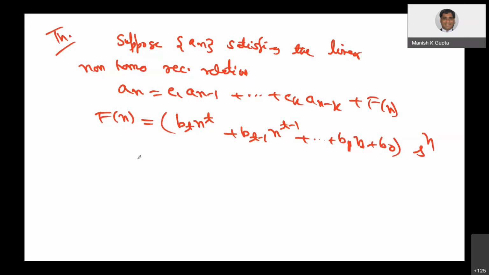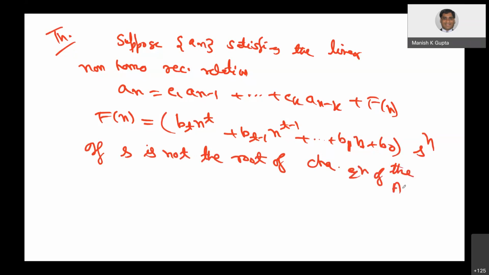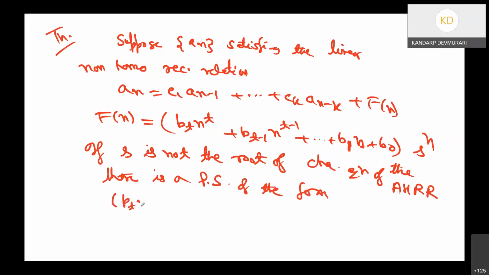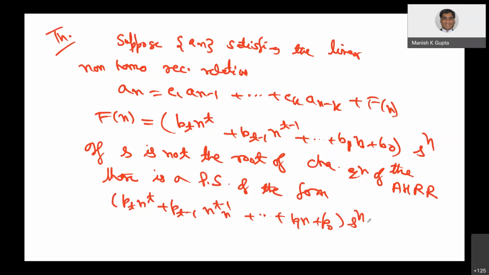So if s is not a root of the characteristic equation of the associated homogeneous recurrence relation, there is a particular solution of the form pt n raised to power t plus pt minus 1 n raised to power t minus 1 plus dot dot dot p1 n plus p naught, times s raised to power n.